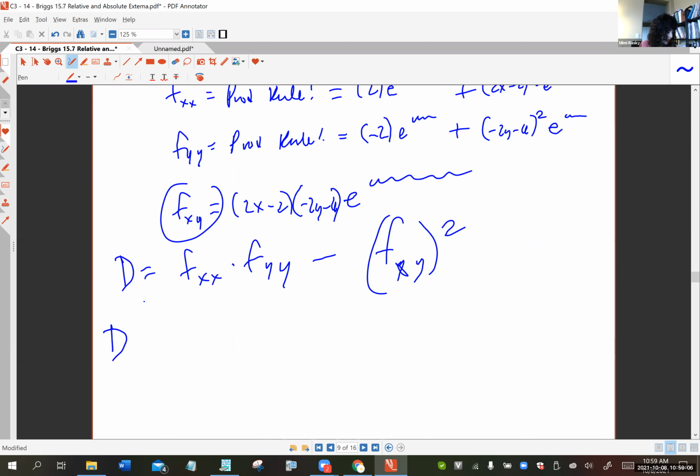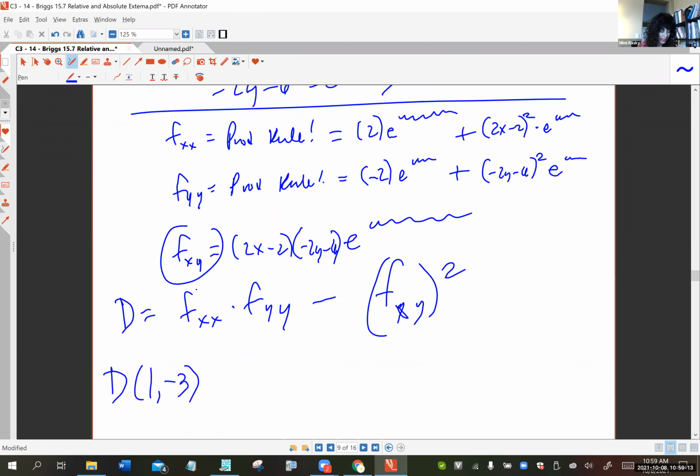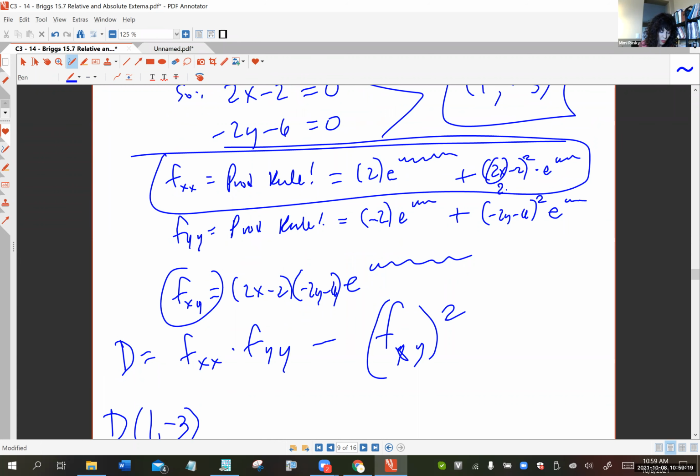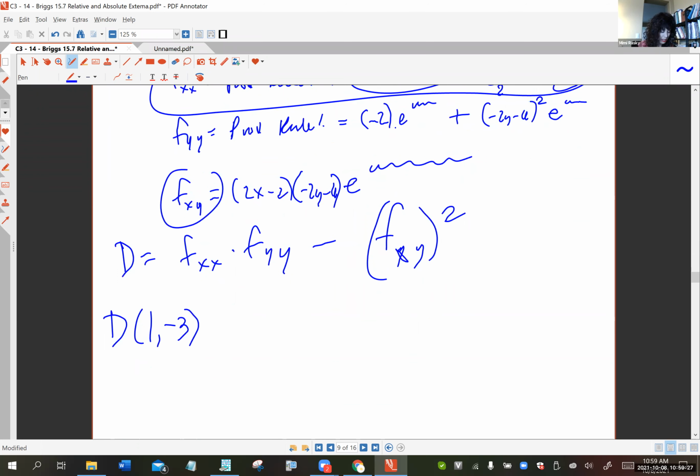If you substitute this one singular critical point into the D, let's think, watch. When you put it into fxx, the 2 times 1 right here minus 2, this term will go to 0. So he's gone. So you're only going to have the 2 e to the blah, blah, blah.